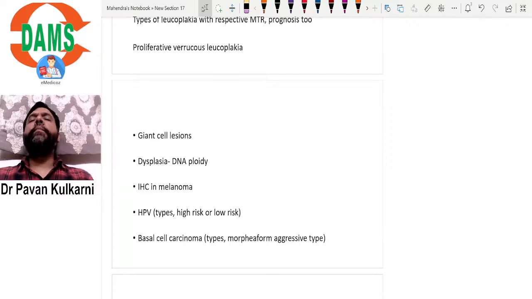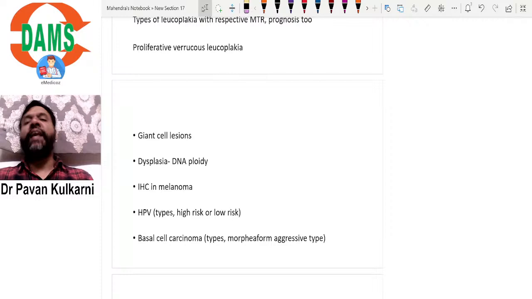There is another important topic here, that is immunohistochemistry. IHC can be done in case of melanomas. We know that melanoma will have various immunohistochemical markers, that is S100, HMB45.